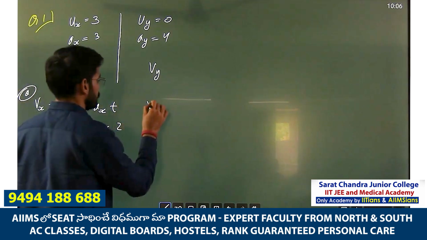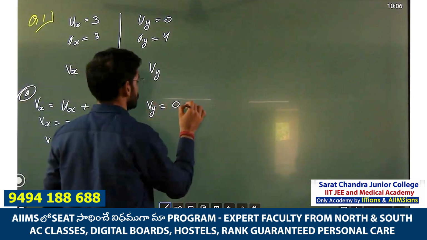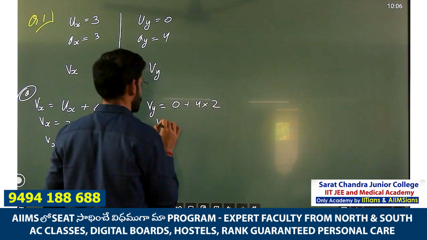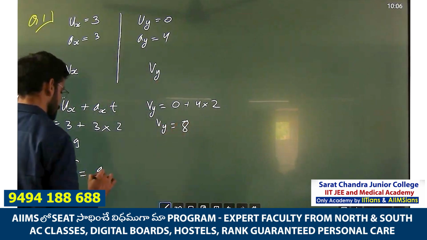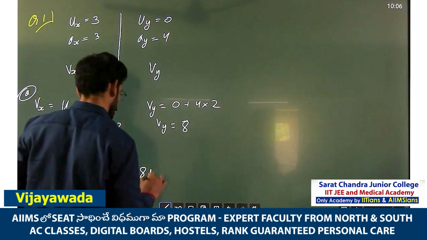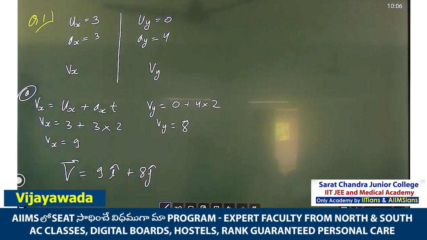And Vy is 0 plus 4 into 2, which is 8. So velocity is 9 i cap plus 8 j cap.